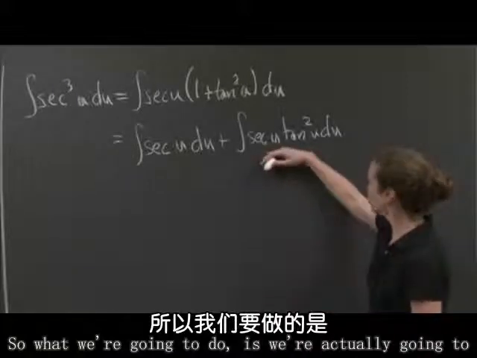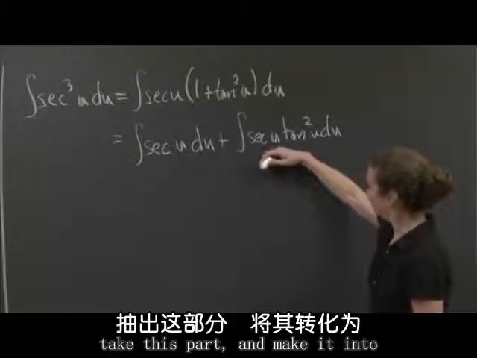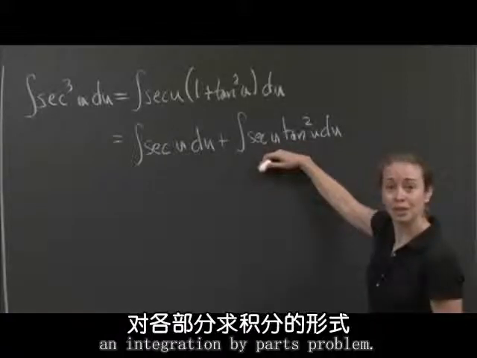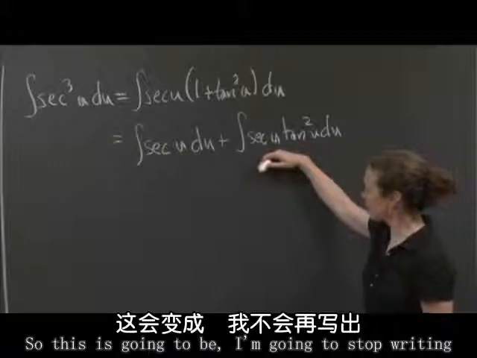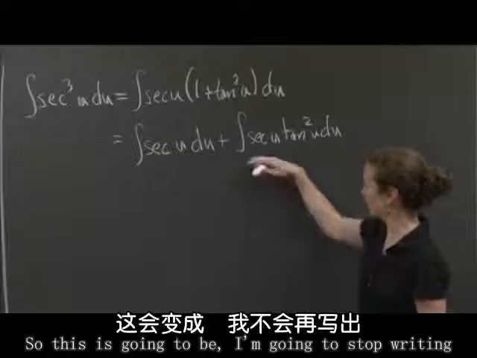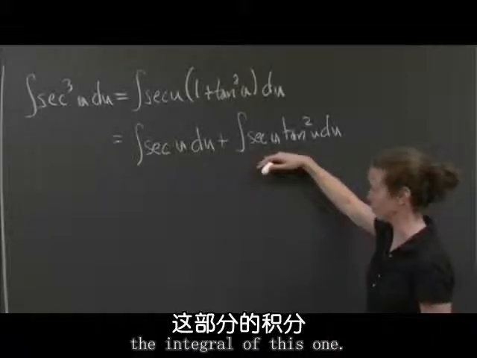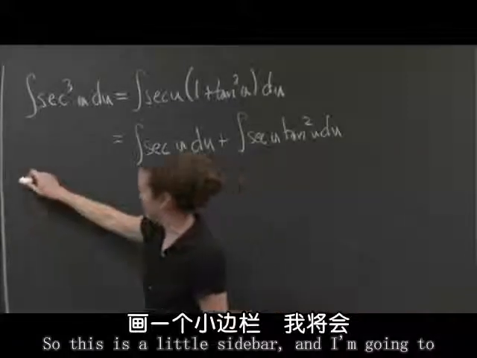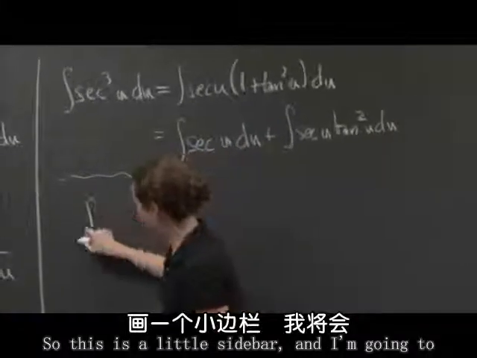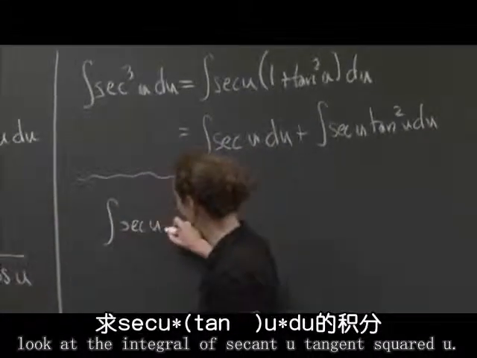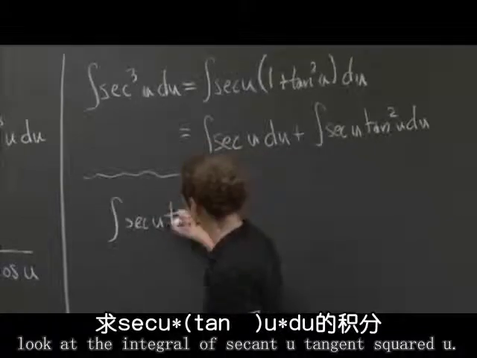So what we're going to do is take this part and make it into an integration by parts problem. I'm going to not stop writing equal signs; I'm going to figure out the integral of this one. So this is a little sidebar, and I'm going to look at the integral of secant u tangent squared u.